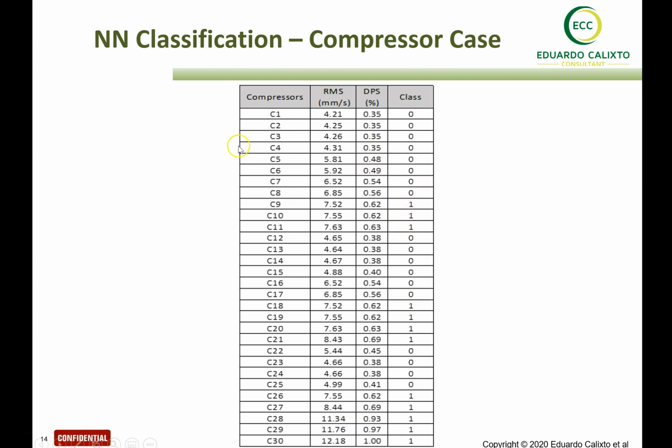Then I will use this data, remember that I will use 30% of the values of this data set to train my model, and the other 30% of this data set I will use to verify if my model has an acceptable error.